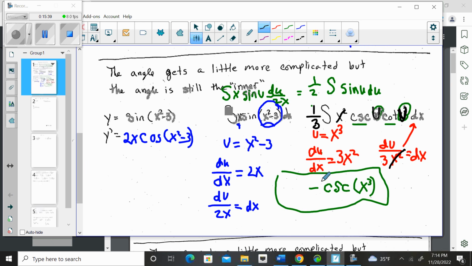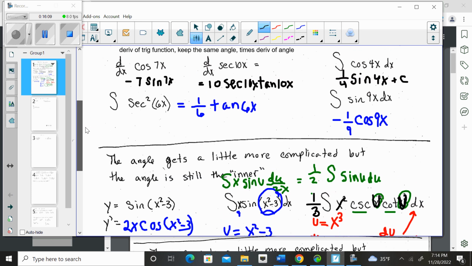So that's what's missing from my answer, was the 1/3, that I got from taking the derivative of u. Okay, but again, oh, don't let me forget plus c. Again, notice, angle is the same as what I started with, right? And then I just had to adjust for the constant from my u substitution. And certainly I need to have these memorized.